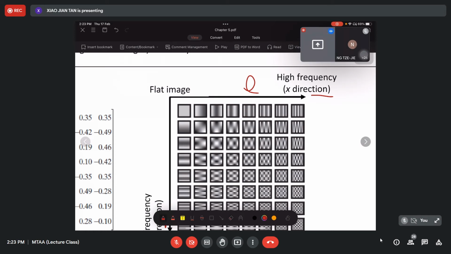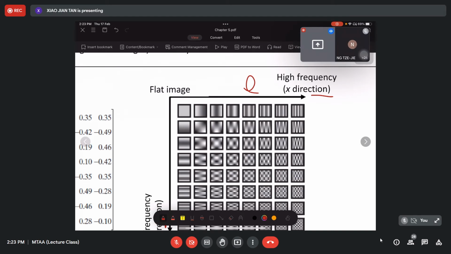In DCT, DFT, or DWT, we are looking at the rate of change. Still remember, high frequency is information where the pixels have a high rate of change in intensity, right? So low frequency would be no or very low rate of change across the pixels.